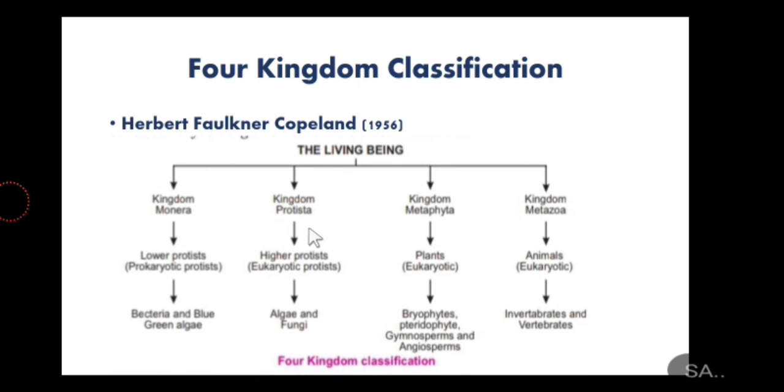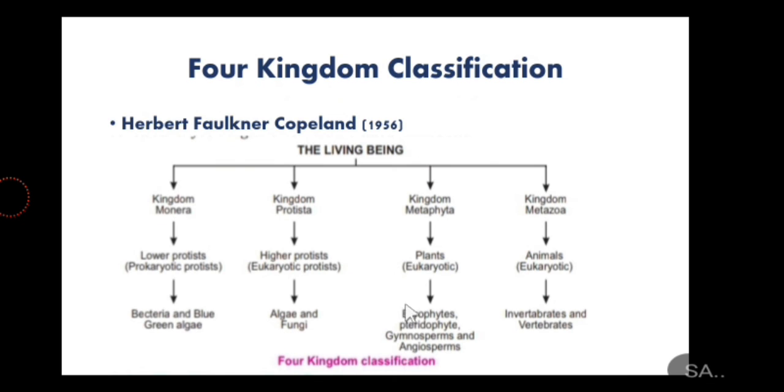Kingdom Protista included the higher protists, that is the eukaryotic protists, and they included algae and fungi. So all the higher protists were categorized under kingdom Protista.